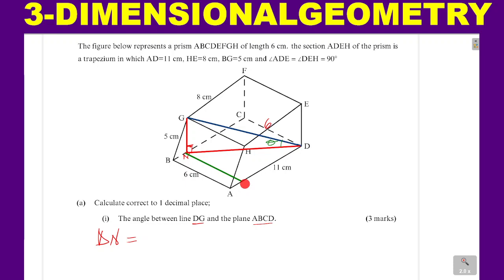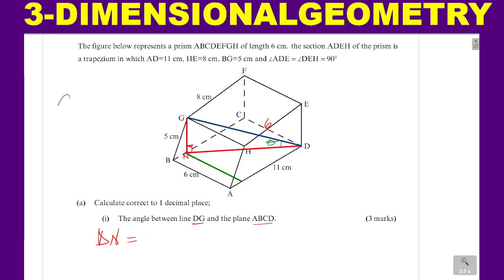This line is parallel to this and also parallel to this. DA is 11, and we have this particular line, EH, which is 8, so FG is also 8.